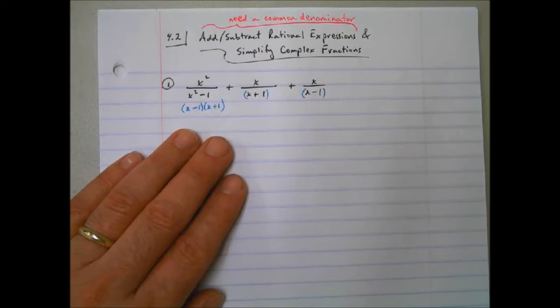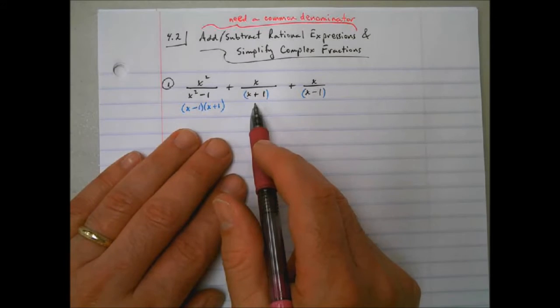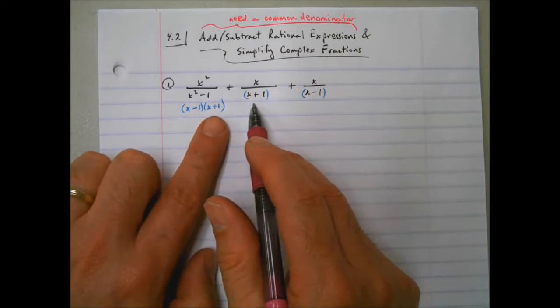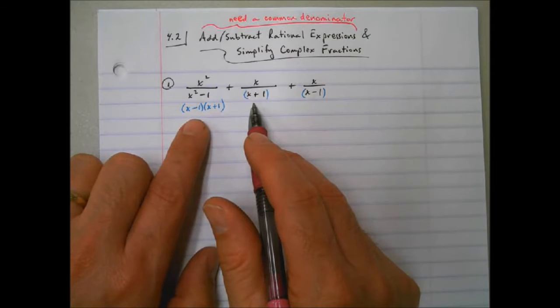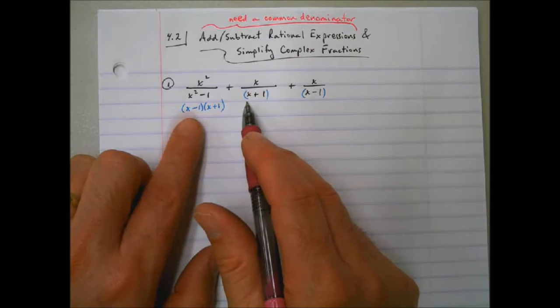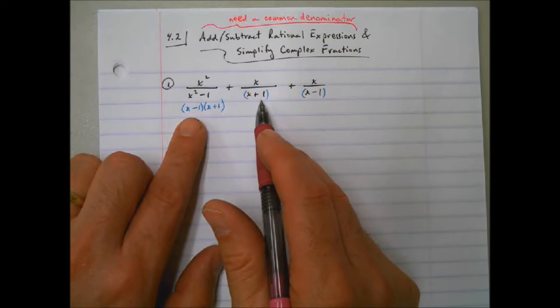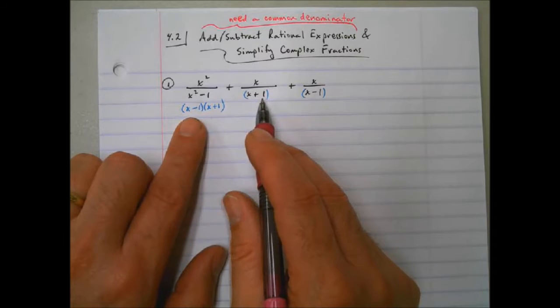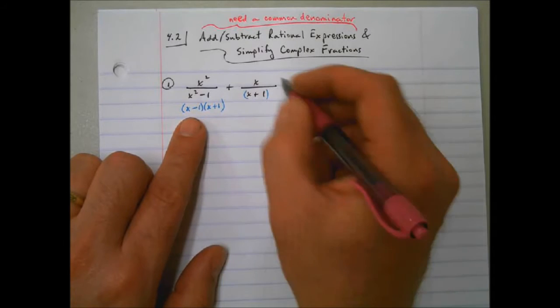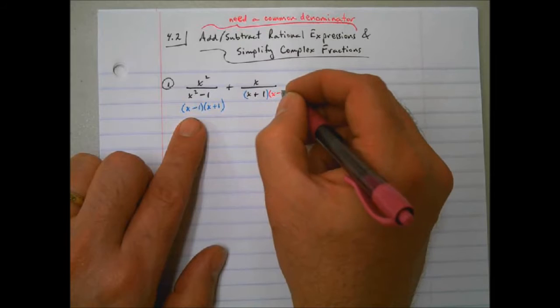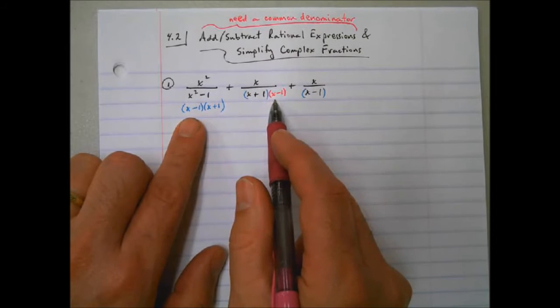But we can see that there are some common parts to the denominator already. So, for example, the middle fraction already has an x plus 1 in common with the left-hand fraction, but the left-hand fraction has an x minus 1 that is not in the denominator of this middle fraction. So to have a common denominator, it needs to have an x minus 1. Now, you can't just randomly multiply the denominator only by the x minus 1.